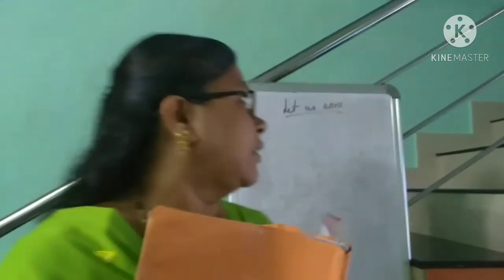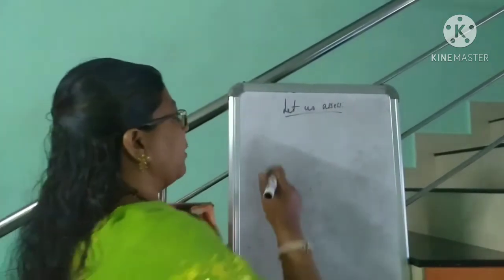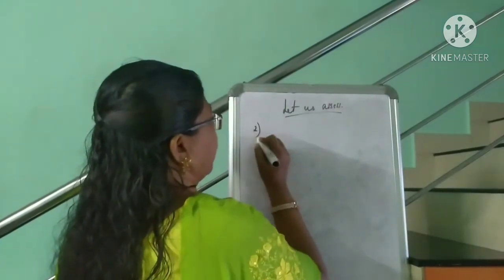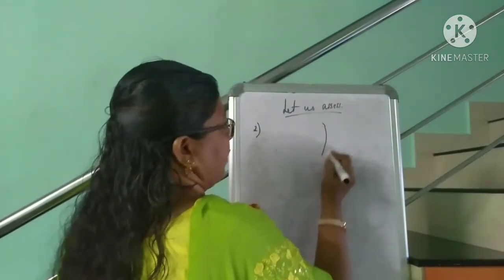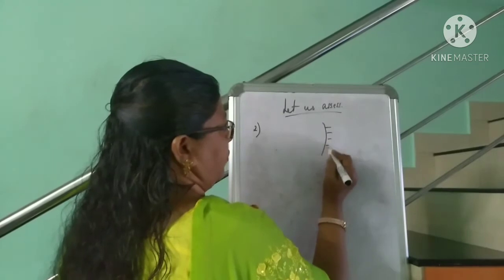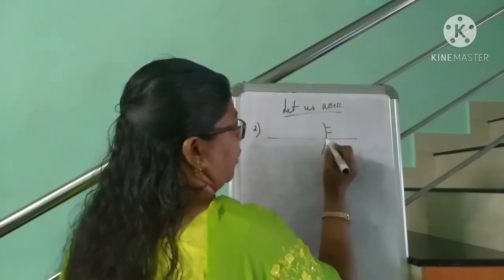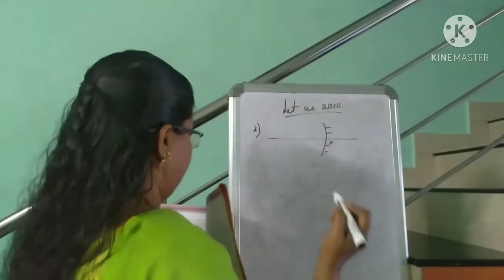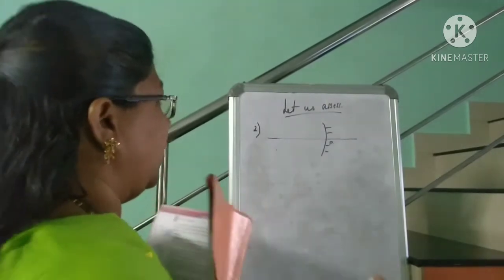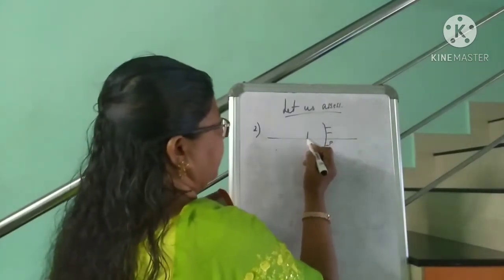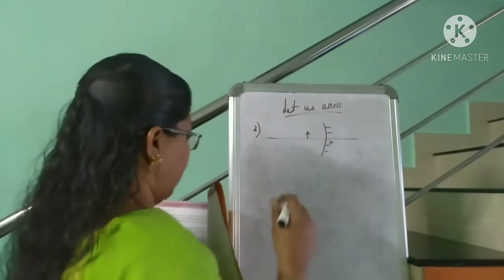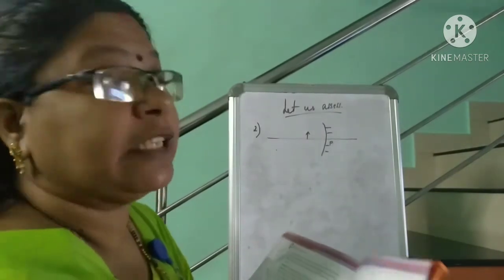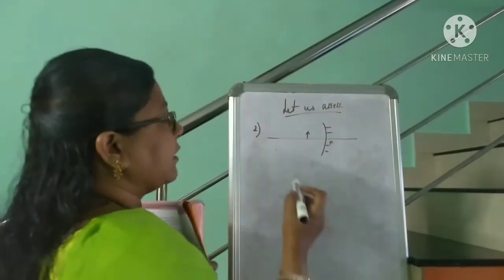So we will try to draw the diagram roughly. A concave mirror is given. This is the pole of the mirror. Then an object is kept here. Then what is given? An image magnified 5 times that of the object.